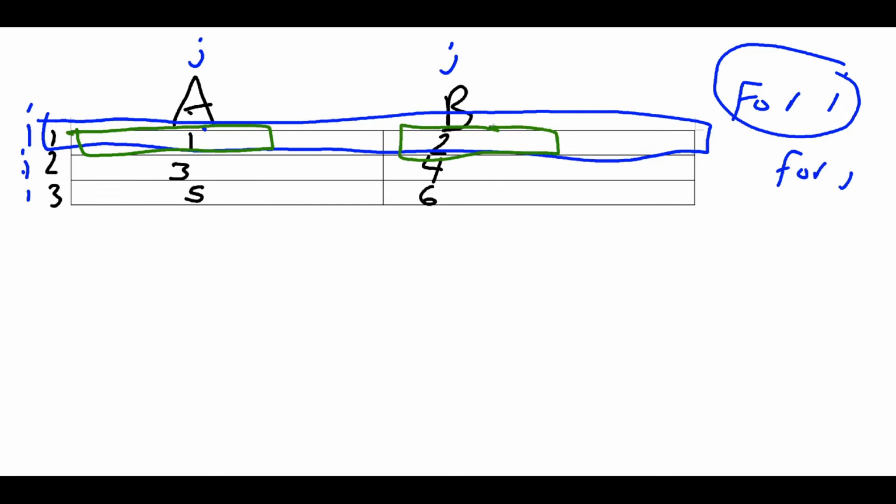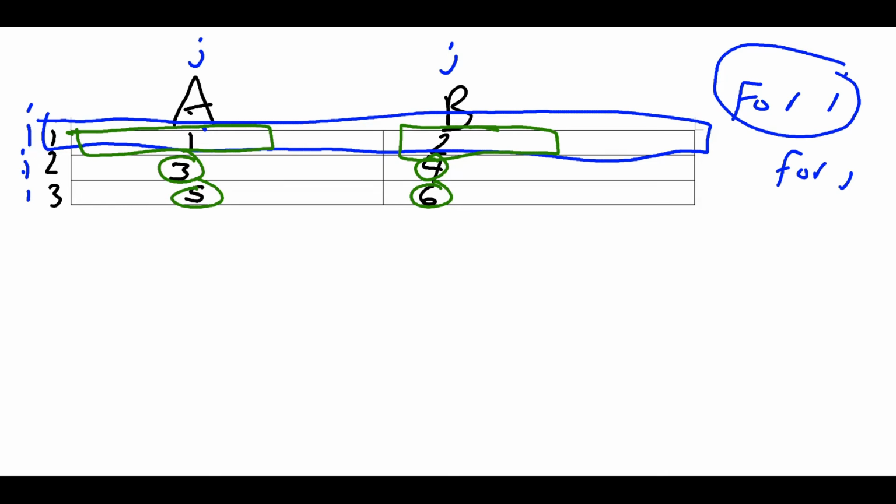When J2 is done, we go back to the outer loop and move to I2. Then we do J1 again and J2 again. Then we move to I3 and do the J's again. This is how it works, and by doing this, you're able to do whatever you want with Excel VBA.